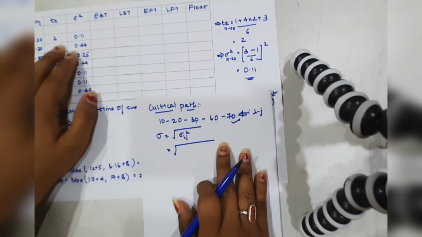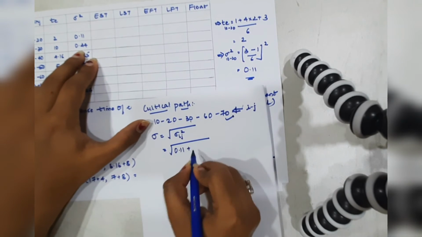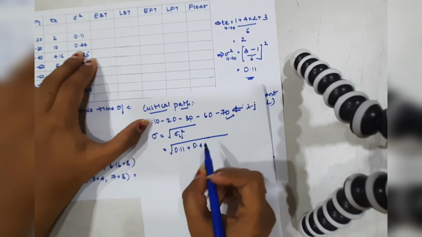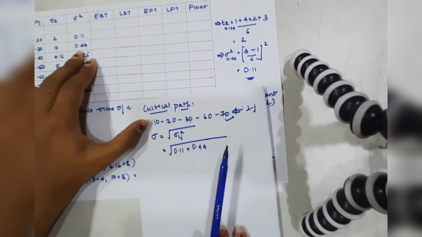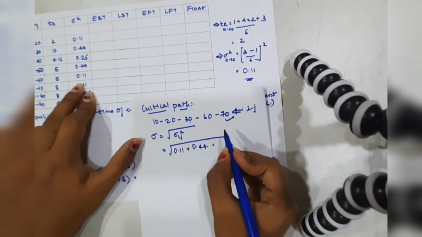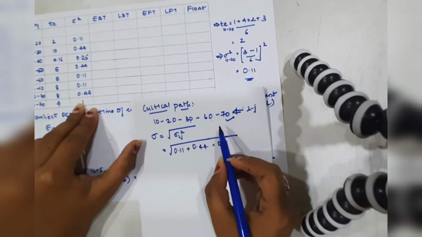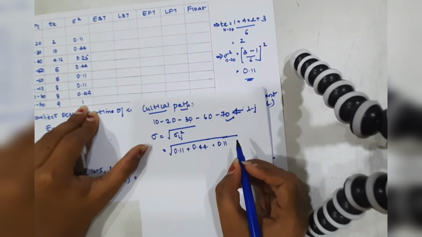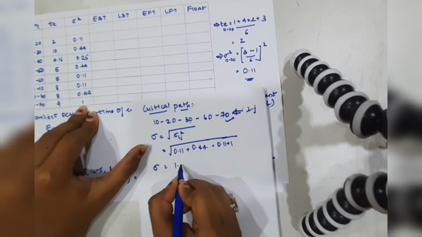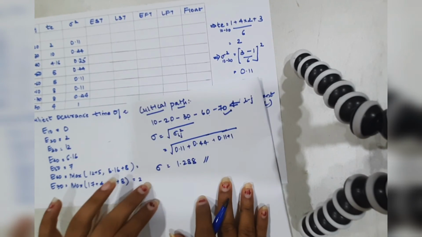For 10 to 20 it is 0.11, then for 20 to 30 it is 0.44. You don't need to square it again because it is already a square, you just need to add them. Next is 30 to 60, that is 0.11, and lastly 60 to 70, that is 1. So this comes out as the value 1.288. This value is going to help us calculate the probability.